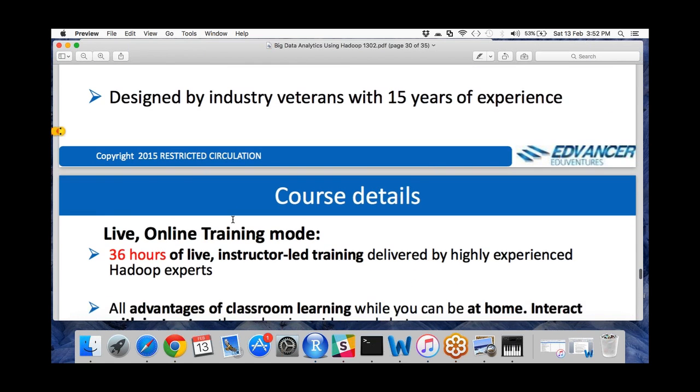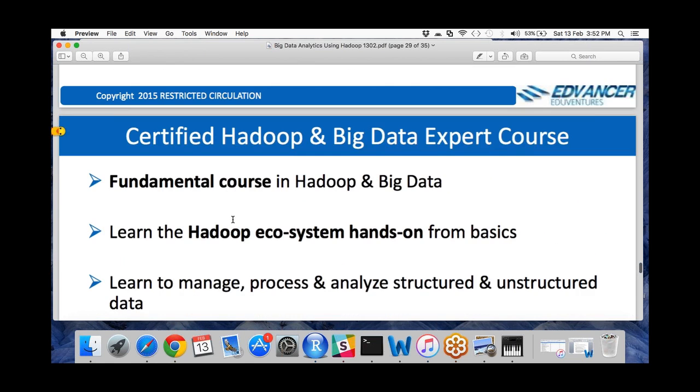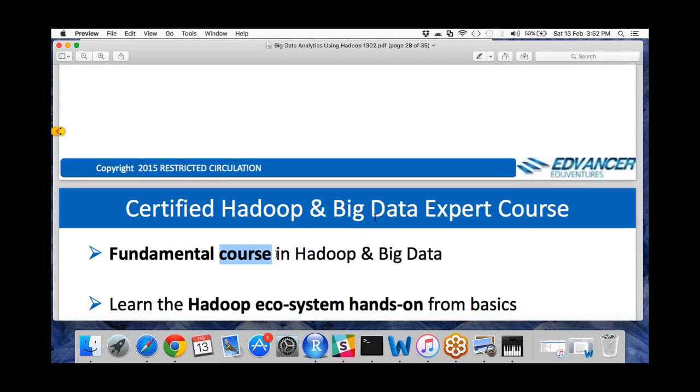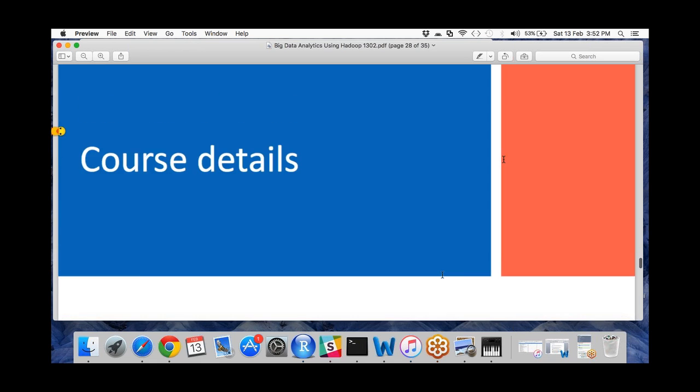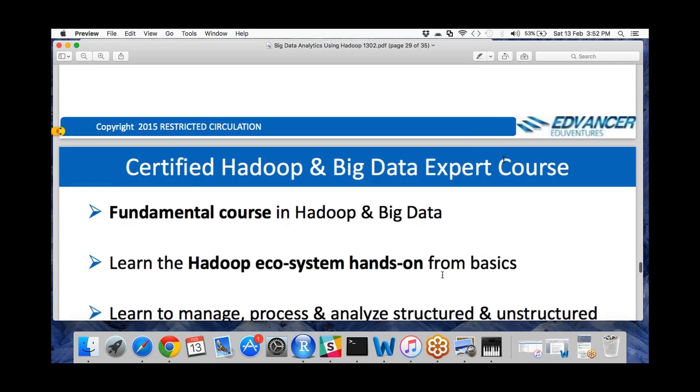The course that we have is for Hadoop and big data experts. Maruti, you're asking about Hadoop administration, different classes.